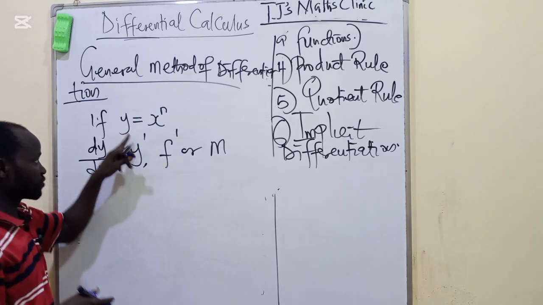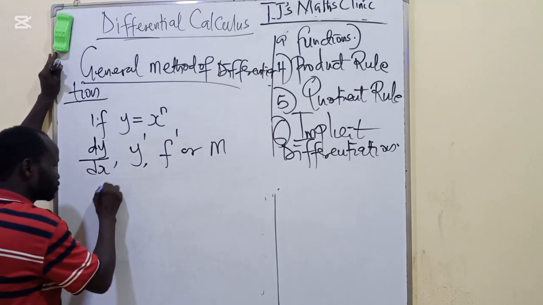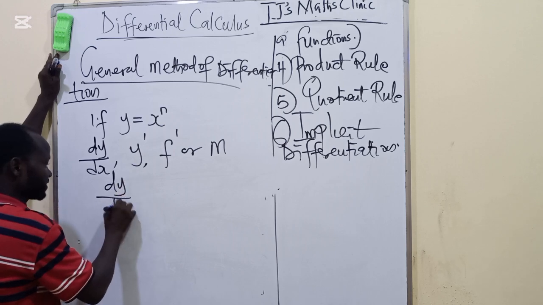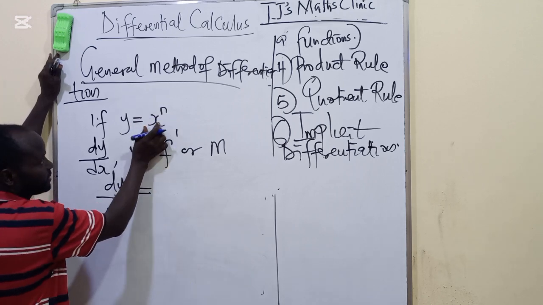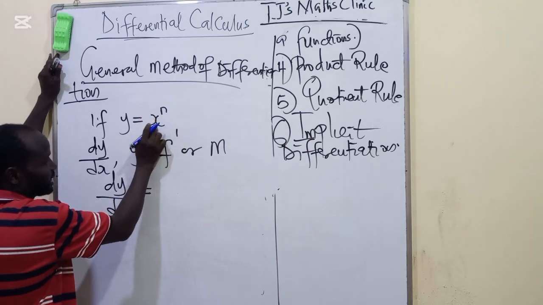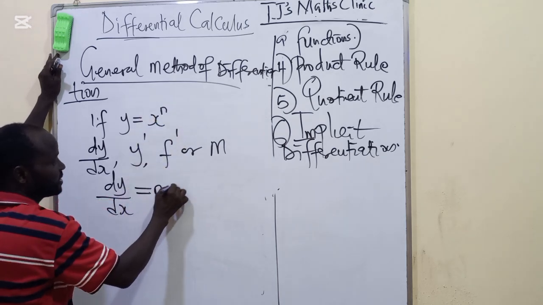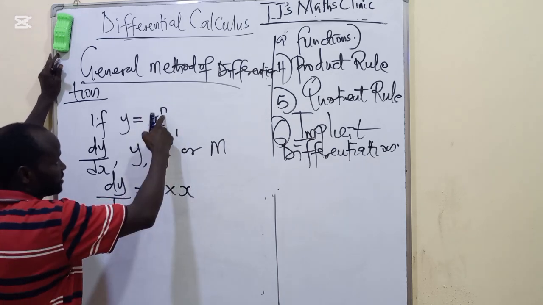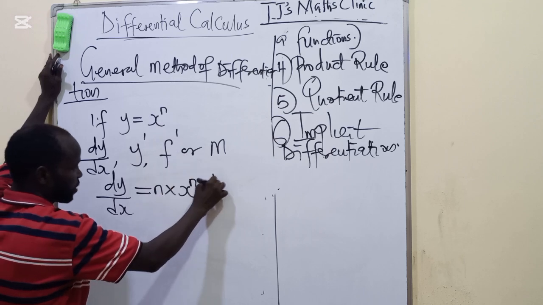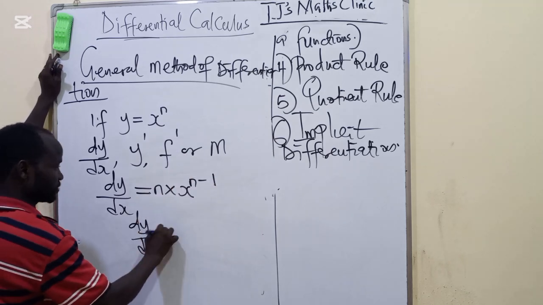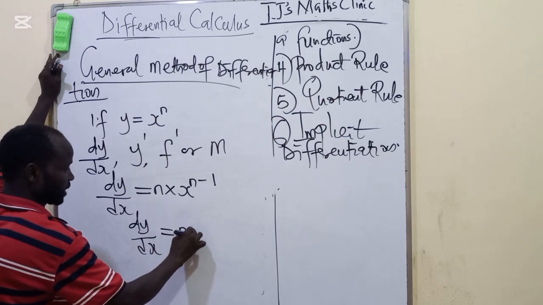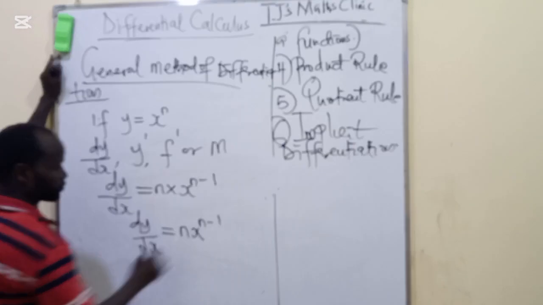In other words, we can use the general method to find the derivative of this function. Since y is a function of x, dy by dx now, which is the general method, will be this n will come down and multiply this x. We have n times x, and this power n will reduce by 1. So dy by dx will be n multiplied by x power n minus 1.